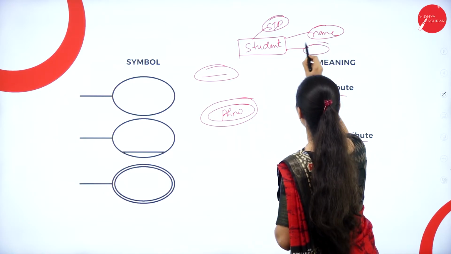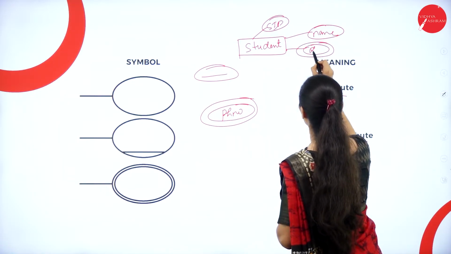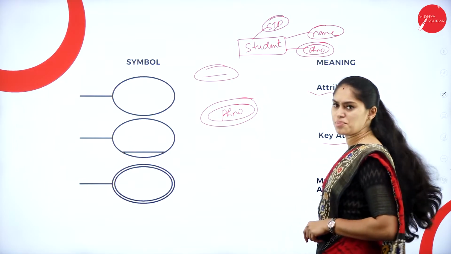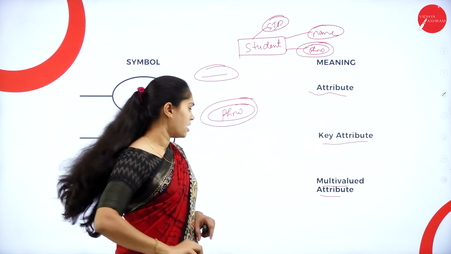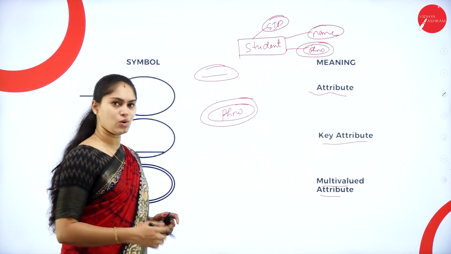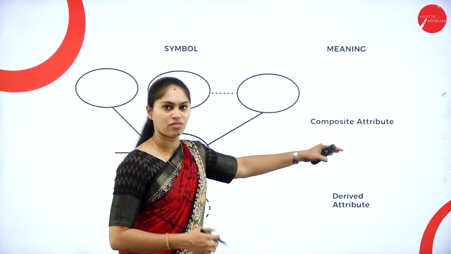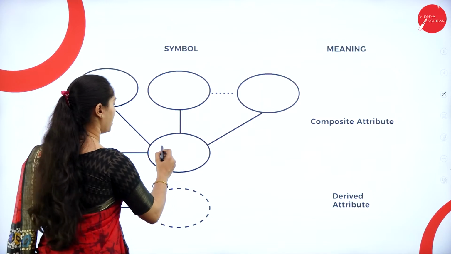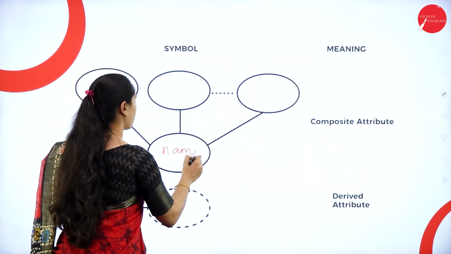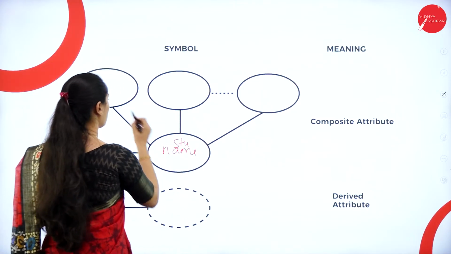That is multi-valued, so I will represent that with a double ellipse. That is what you have to remember here. That is the multi-valued attribute. We also have the composite attribute. For example, if I consider a student name here, it will comprise what?